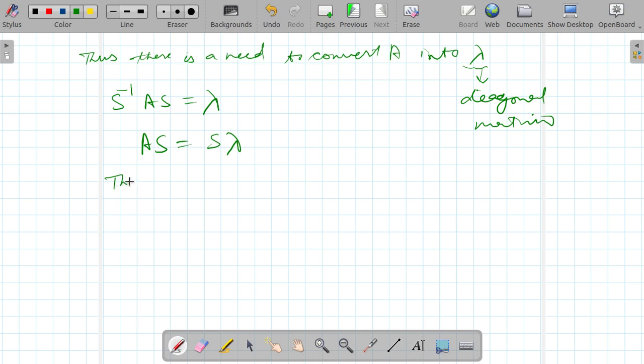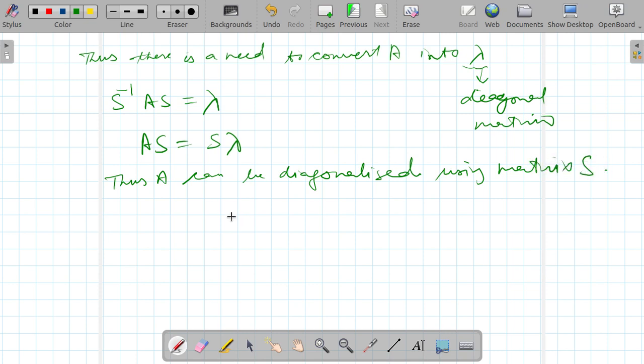Thus A can be diagonalized using matrix S, and this diagonalized matrix must have the property that lambda ij is equal to lambda i delta ij.